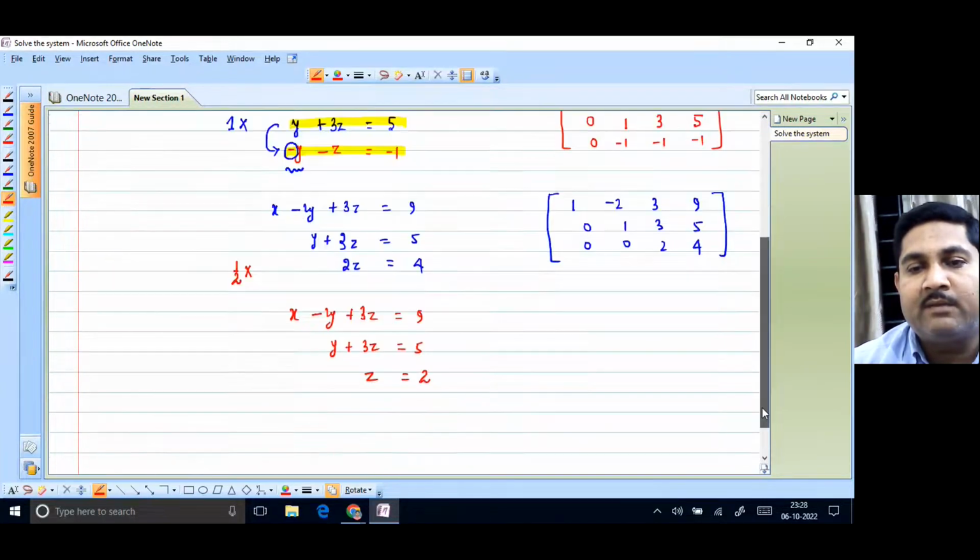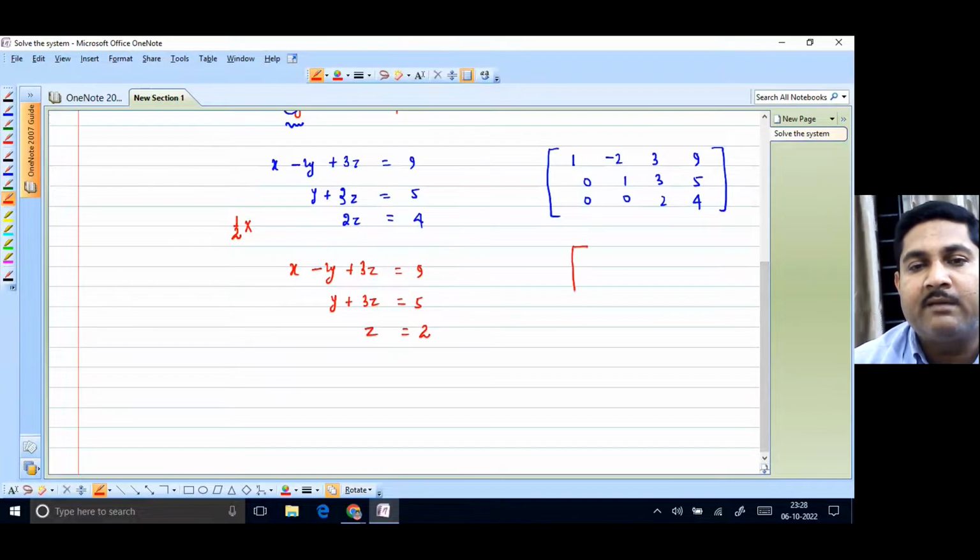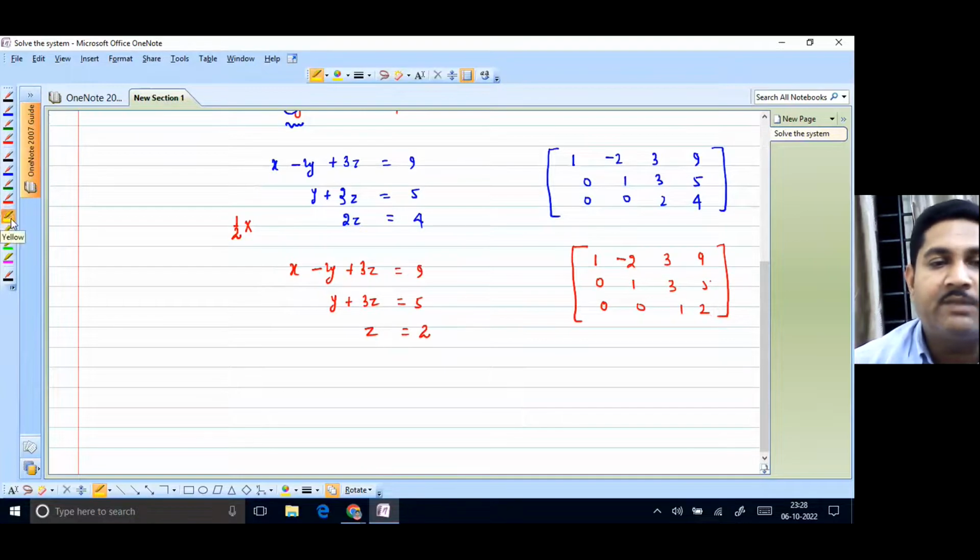So in this way, you can see I have obtained the value of z. 1, minus 2, 3, 9, 0, 1, 3, 5, 0, 0, 1, 2. I have obtained z as my last equation.